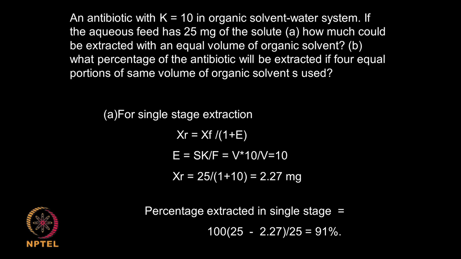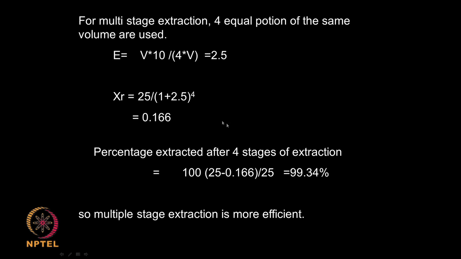I will use XR is equal to XF divided by (1 plus E) raised to the power 4, do not forget that. So my E has come down by 4 times because I have divided, but my equation denominator has become the fourth power, so my XR has become 0.166. So percentage recovery is 25 minus 0.16 divided by 25, so 99%, very interesting.